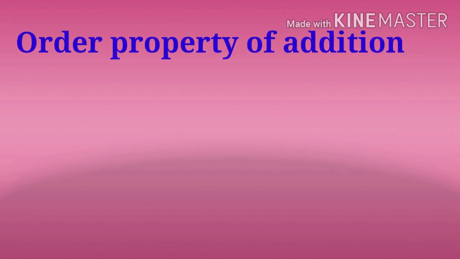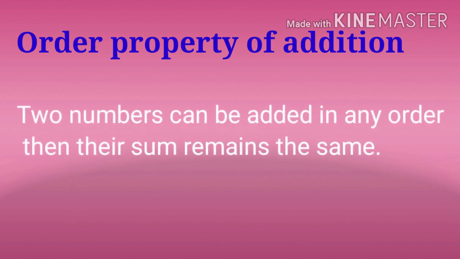Now, first we can learn order property of addition. That means in order property, two numbers can be added in any order, then their sum remains the same. Now, see the example.